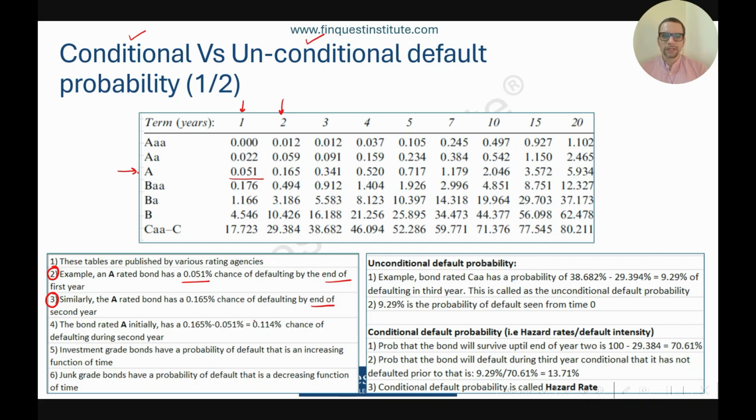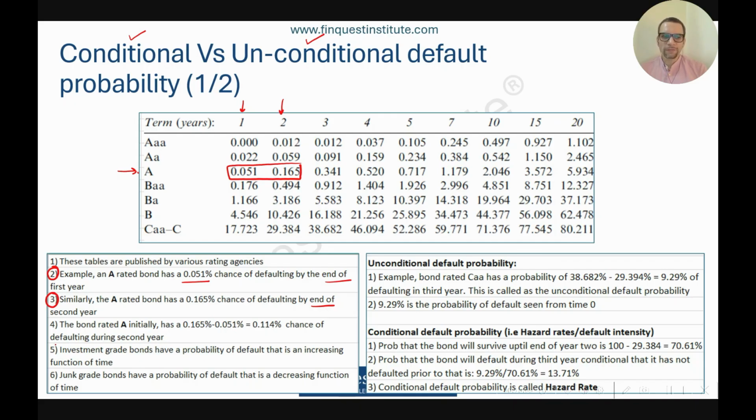In that case, we are going to use these two numbers and take a simple difference, 0.165% minus 0.051%, which is 0.114%. So this is the probability of defaulting during the second year.